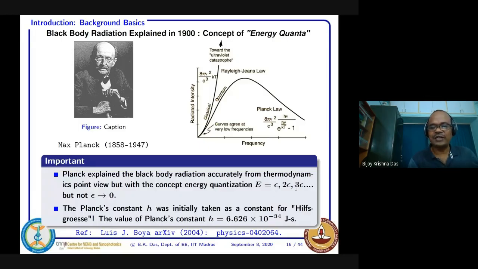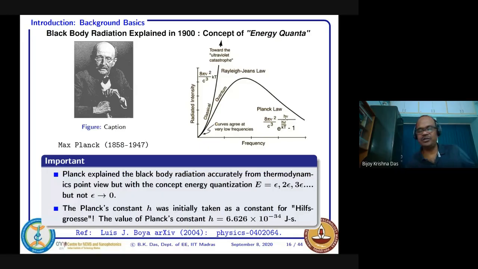So at a particular frequency, the minimum energy you have to consider is epsilon, the next level of energy is 2 epsilon, and the next is 3 epsilon. So he considered discretization. After considering that, he came out with this equation. In this equation, apart from nu and kT, he had to consider one particular fitting parameter called h.